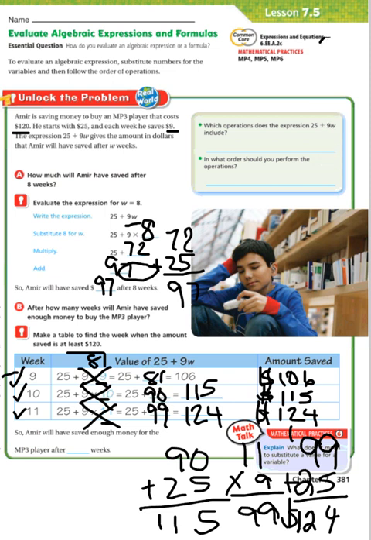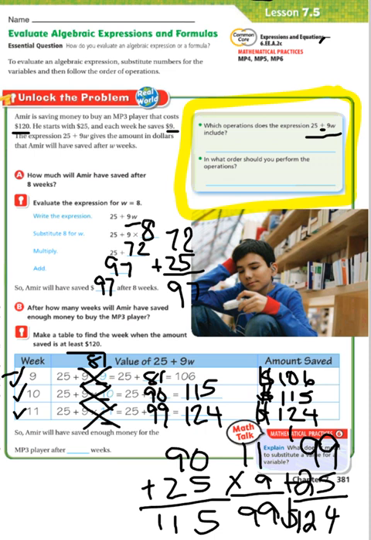I want to go back up to the top and look at this box. It says, which operations does the expression 25 plus 9W include? Which operations? That means more than one. We know it includes addition because there's an addition sign.